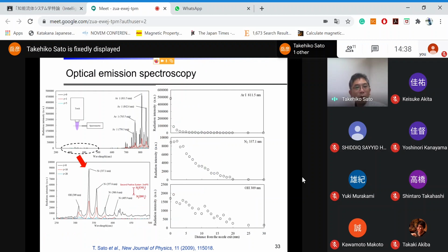And we also checked the radiation intensity from these. So this one is N2 that we measured. At the nozzle exit it is the maximum and it decreases like this. But argon decreases much more rapidly, and OH still remains in the downstream.